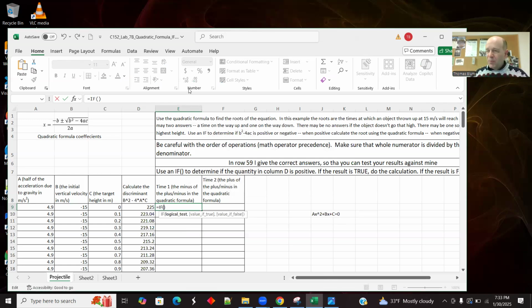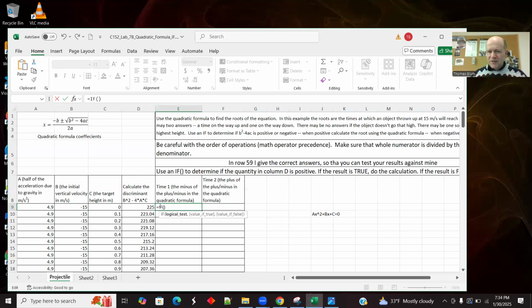There are 3 parts to an IF: the question, what you want to do if it's true, and what you want to do if it's false. So I want to know if this quantity, this so-called discriminant in D, is positive, and positive means greater than 0. Our logical test, our true or false question, is usually something about being greater than, less than, or equal to.